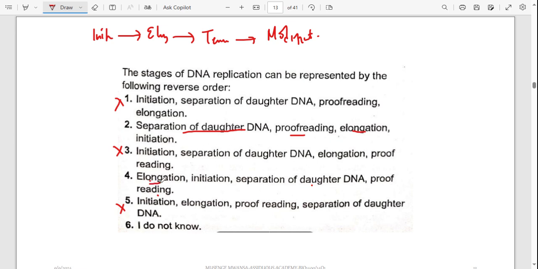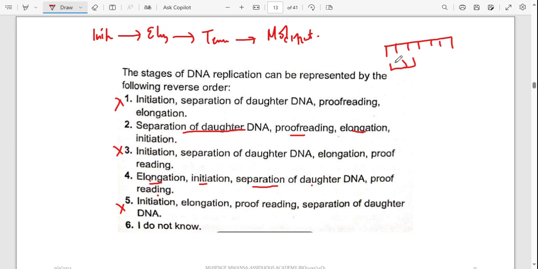But this one is elongation, initiation, separation of the daughter strands, and then proofreading. Now, you don't do proofreading after you have removed the chain. This is the old chain that you have, and this is the new chain that you are making. Even before you remove this new chain, you can do proofreading.